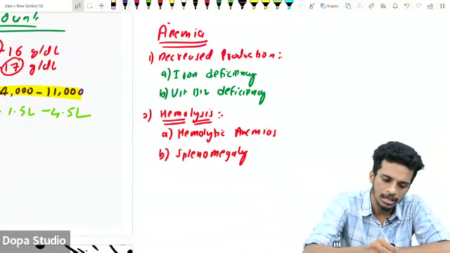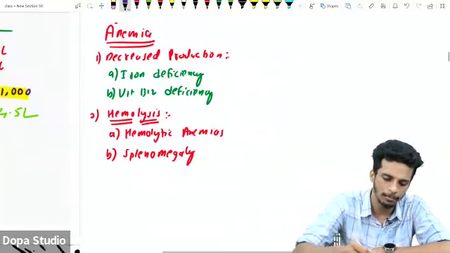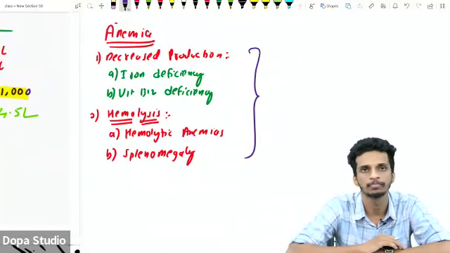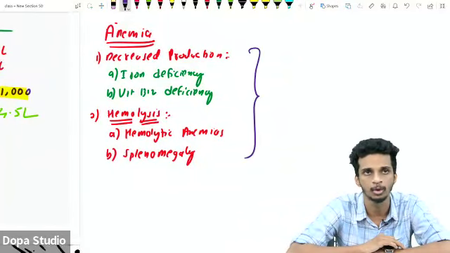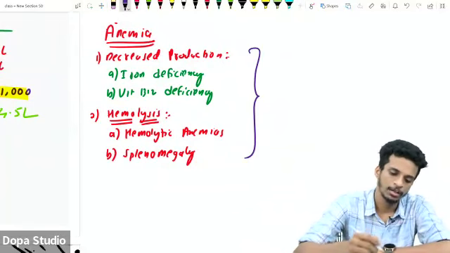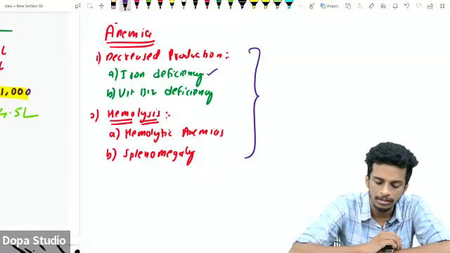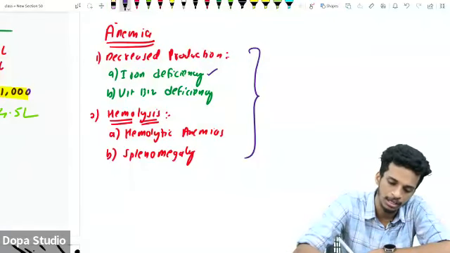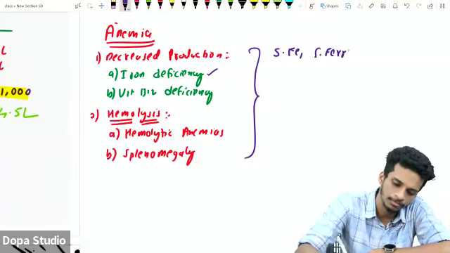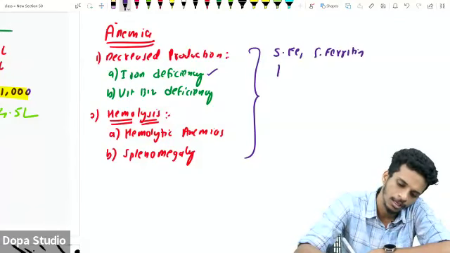Whenever we see such a pattern, or whenever we see anemia, what further workup should we do? The first one is, whenever we see anemia, we firstly suspect iron deficiency. Since we are suspecting iron deficiency, we need to do serum iron, serum ferritin, TIBC, and TSAT.